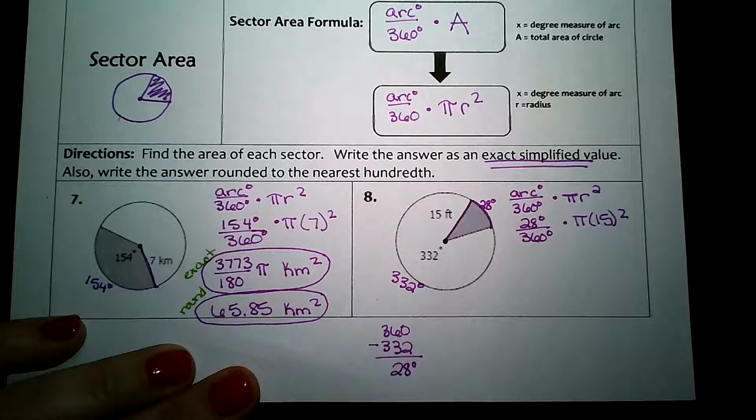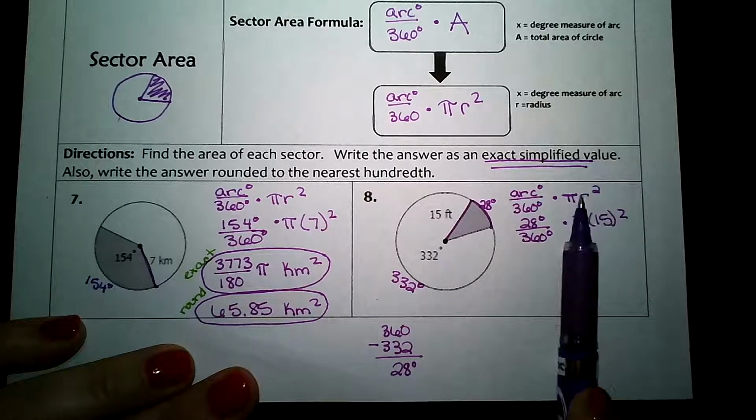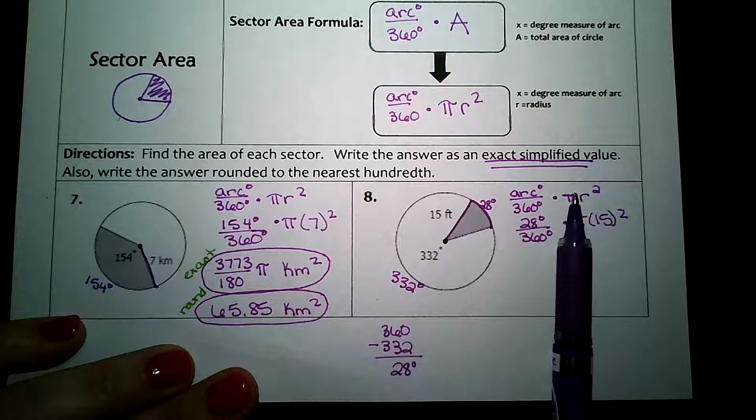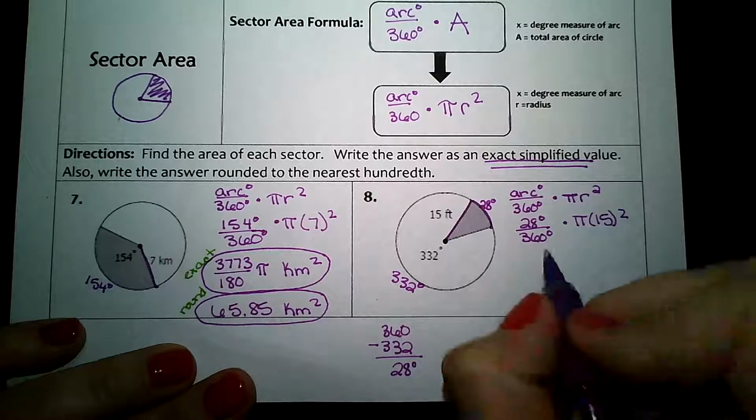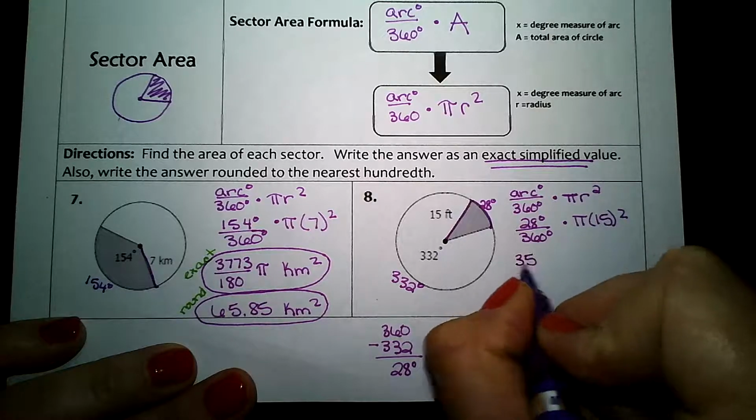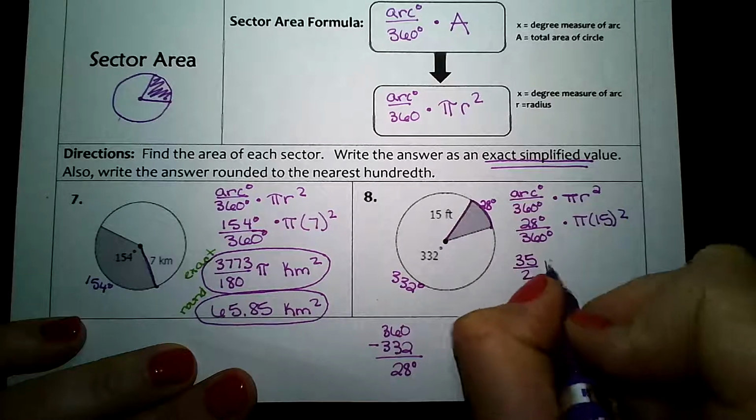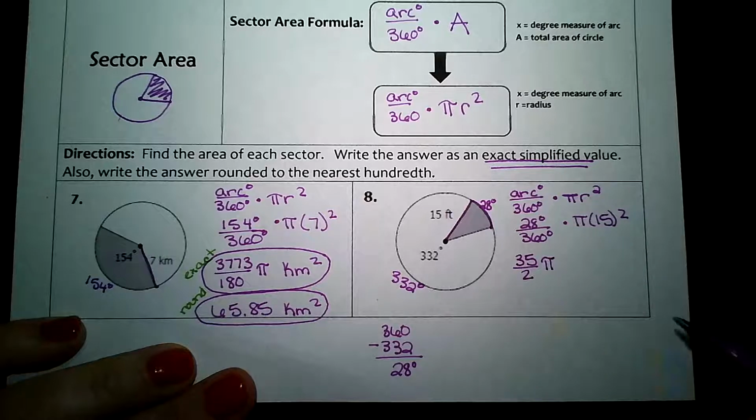When I write up my exact answer, I'm going to use the calculator, but I am going to ignore pi. I'm going to type in everything else. So I will type in 28 out of 360 times 15 squared. I'm getting 35 over 2. Bring down the pi.